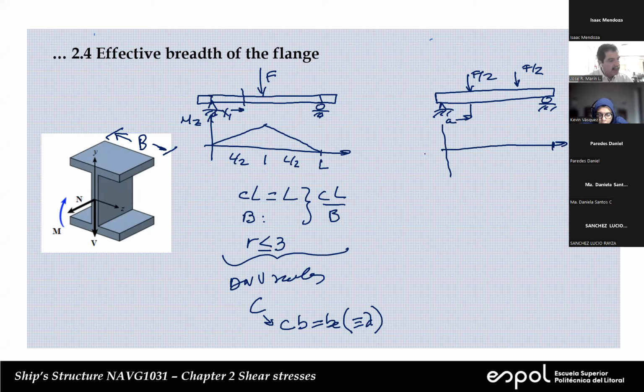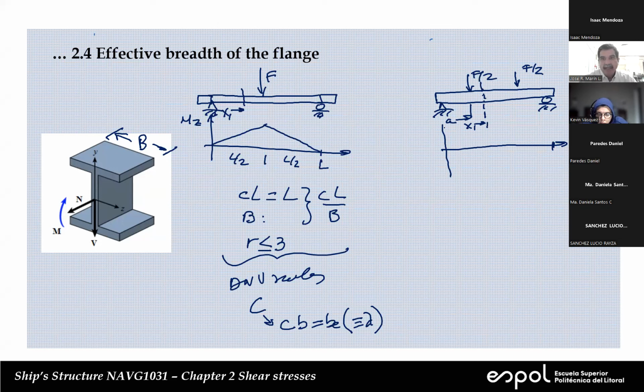Now, in this case, we have about here, in X1, we had the strain gauges. This is the same as this one.